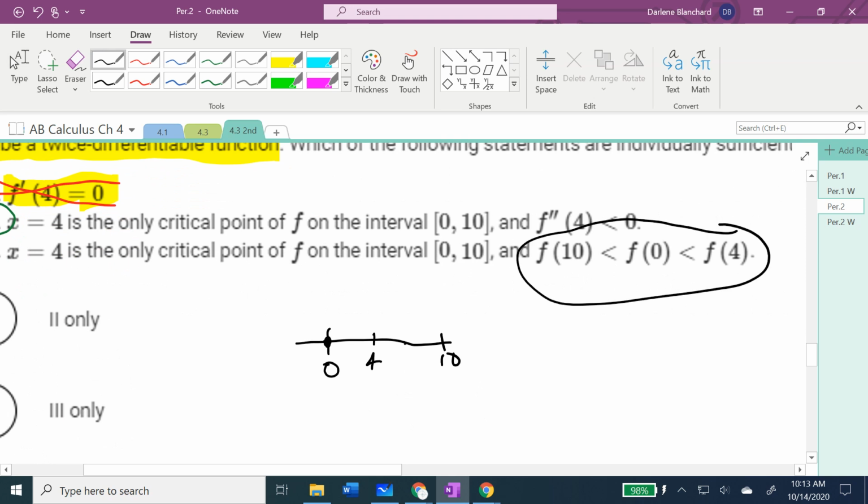This is saying that f of 4 is higher than f of 0, which is higher than f of 10. I know I've got continuity going on. I have no critical point other than 4.